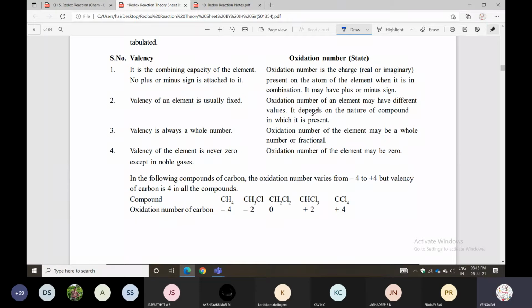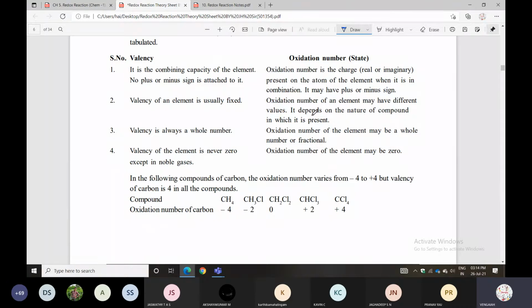For example, oxygen in element form has oxidation number 0, but the valency of oxygen is not 0. In carbon compounds, the oxidation number varies from -4 to +4, but the valency of carbon is only 4. They gave an example also.